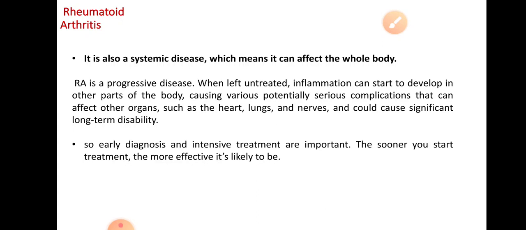Rheumatoid arthritis is a systemic disease, which means it can affect the whole body. It is also a progressive disease. When left untreated, inflammation can start to develop in other parts of the body, causing various potentially serious complications that can affect other organs such as the heart, lungs, and nerves, and could cause significant long-term disability.